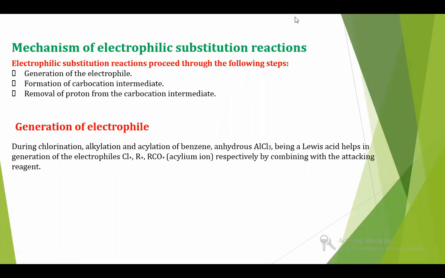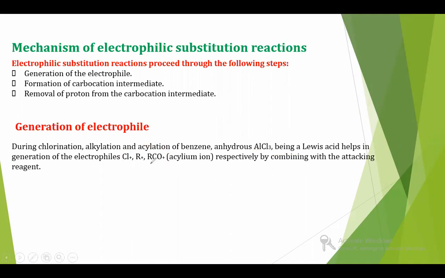During halogenation, alkylation and acylation of benzene, anhydrous aluminum chloride, being a Lewis acid, helps in generation of the electrophile: Cl plus, R plus, RCO plus. This is the acylium ion.